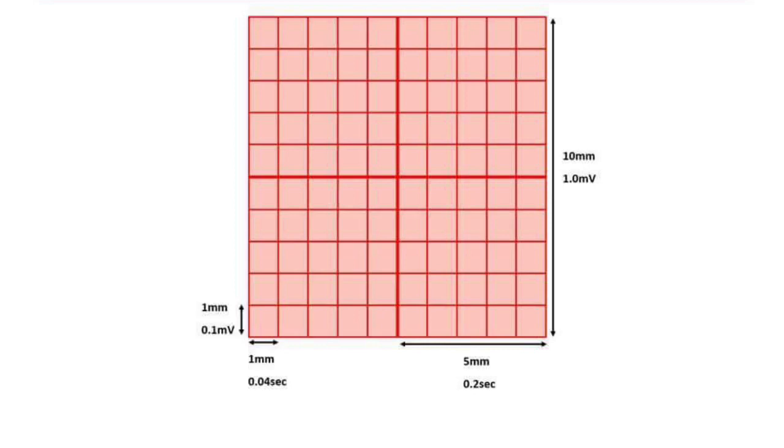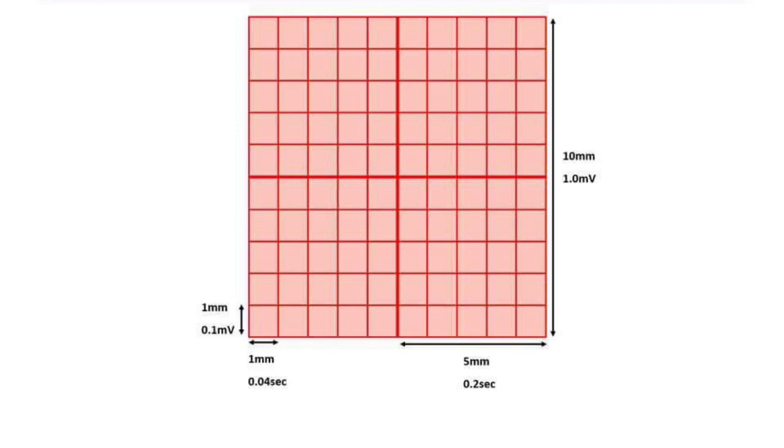Now in this photo we can see a magnified portion of an EKG paper. As you can see, it is divided into a horizontal axis and a vertical axis. The horizontal axis represents the time, the duration of the wave or the segment, while the vertical axis represents the electricity, the voltage.